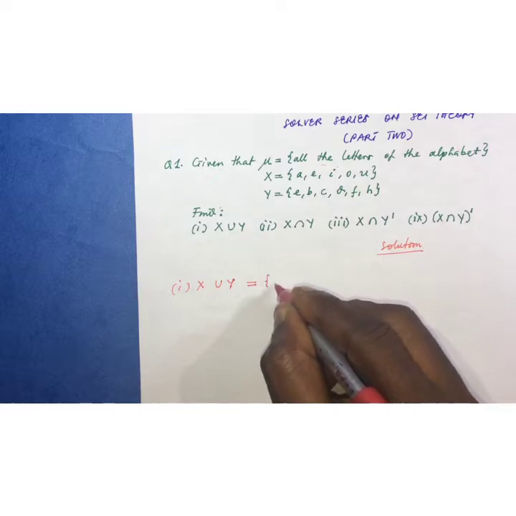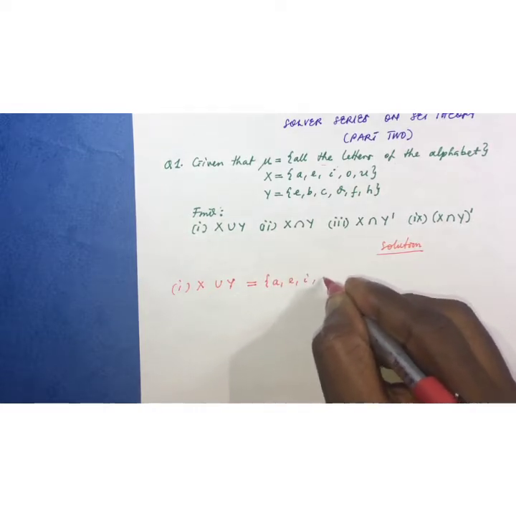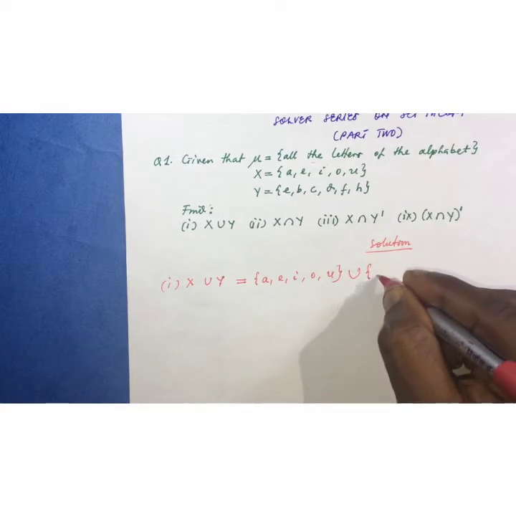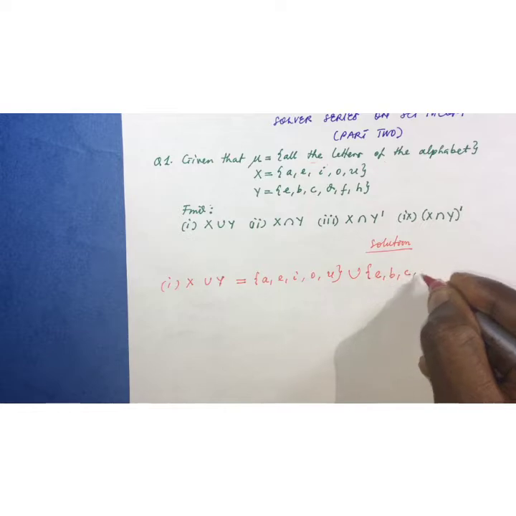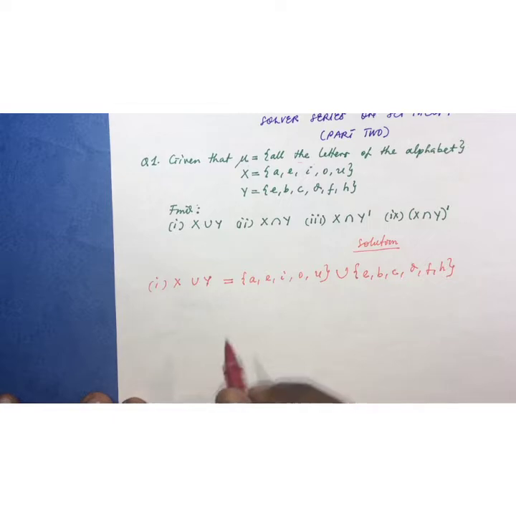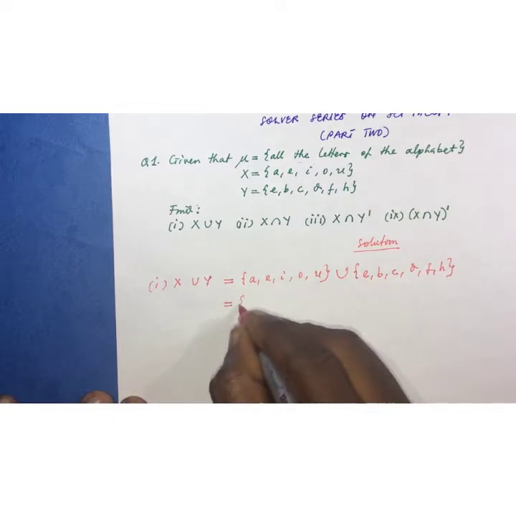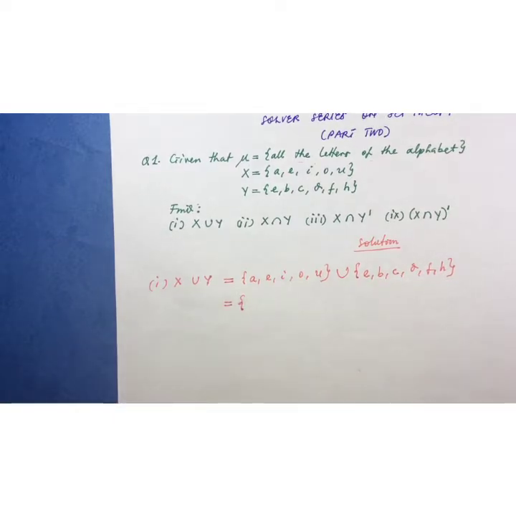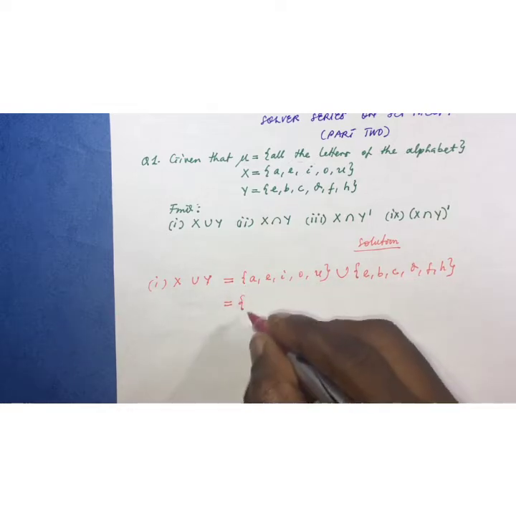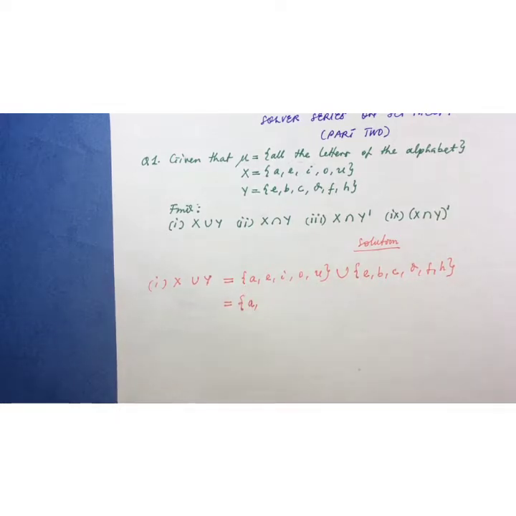X is the set that contains A, E, I, O, U, uniting with the set y, which contains E, B, C, D, F, and H. Remember from our videos in set theory that the union of two sets is a new set formed by combining the elements of the two sets without any repetition of any element that occurs more than once. So now let's see, we have in this set A, so I'm going to write A.